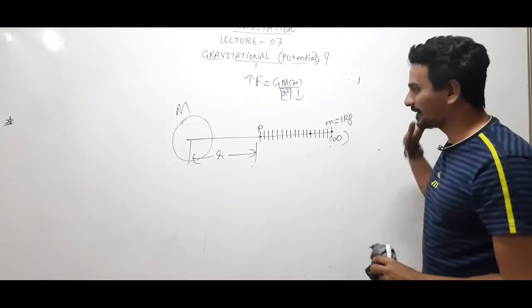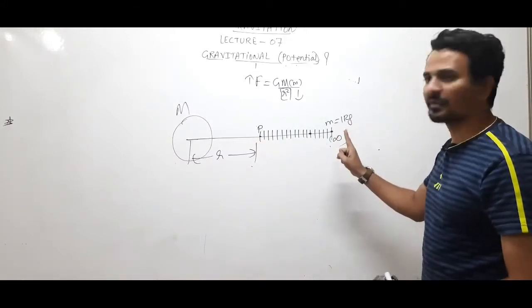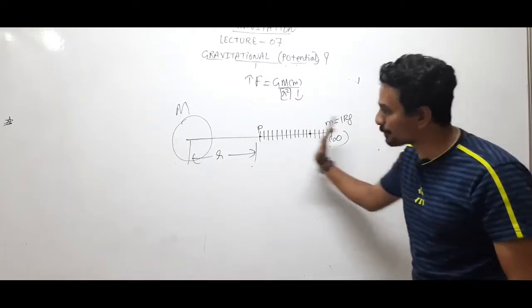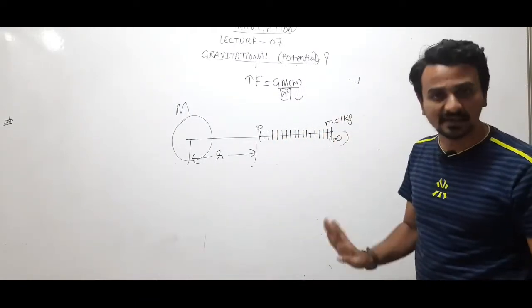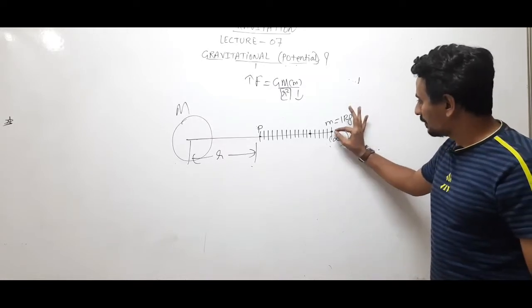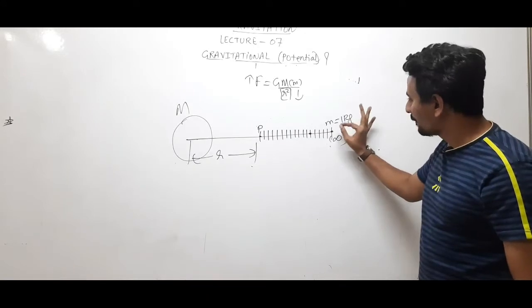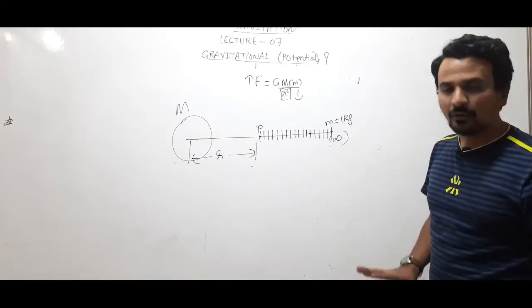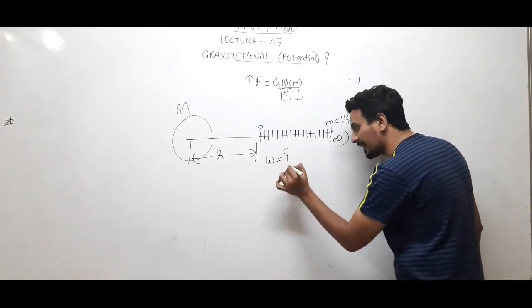Clear? If I am leaving this, then the gravitational force will perform work on this mass and it will bring the mass to point P, but the mass will have acceleration. We don't want the mass to have acceleration. So let us divide the entire path and let us move mass m very slowly so that it will not possess acceleration.